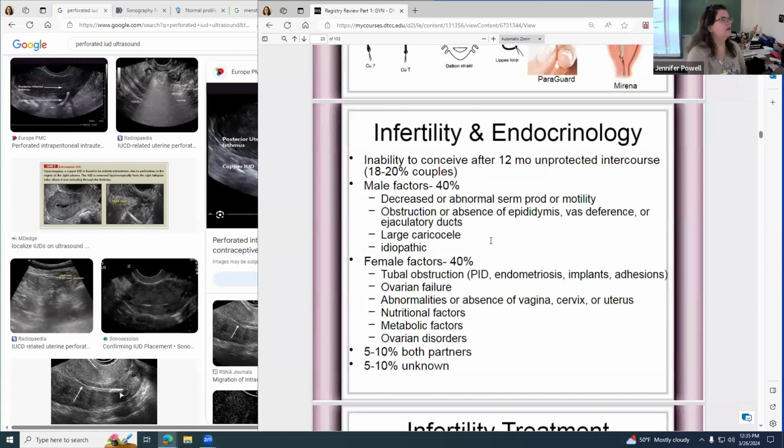So there could be a structural issue, large varicocele, it could be idiopathic, but if there's a structural or physiologic reason that the male is not producing or being able to transfer the sperm, then that's male factors.